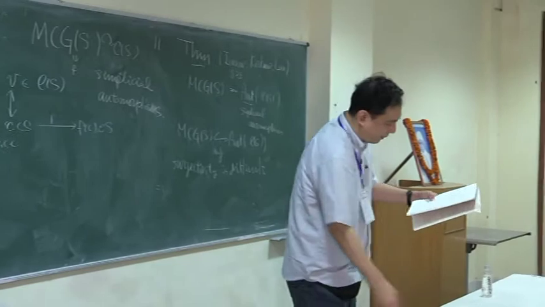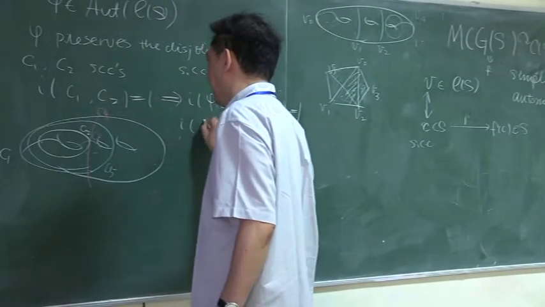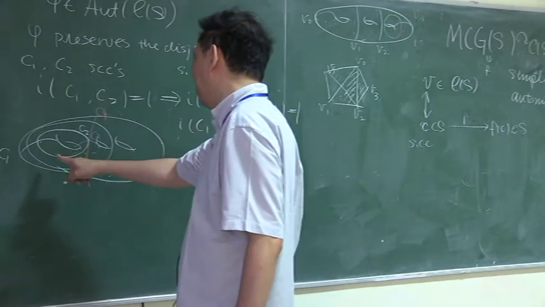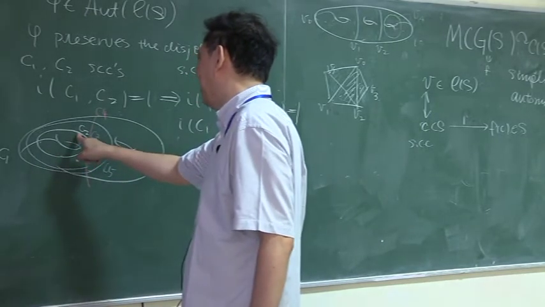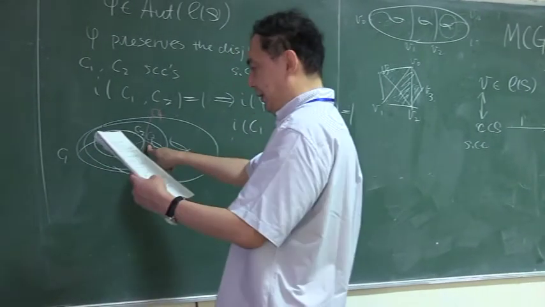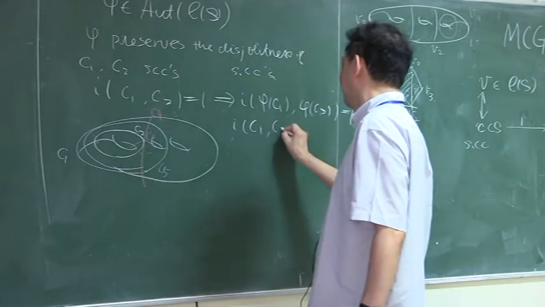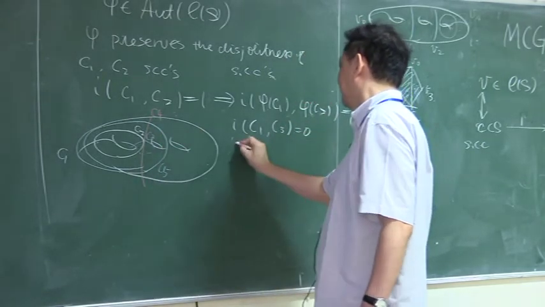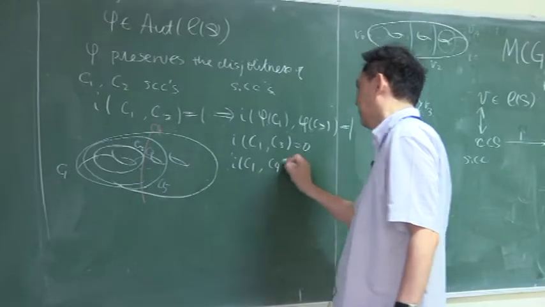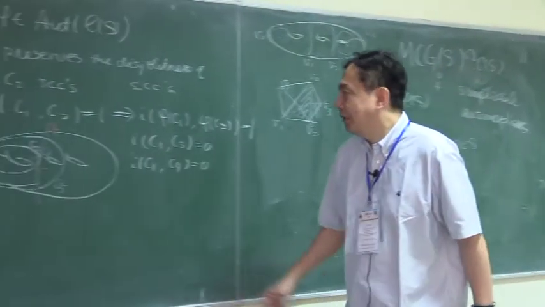So what are they? C1 intersects C2 at one point, but C1 is disjoint from C3 and C4. And then what about C2?